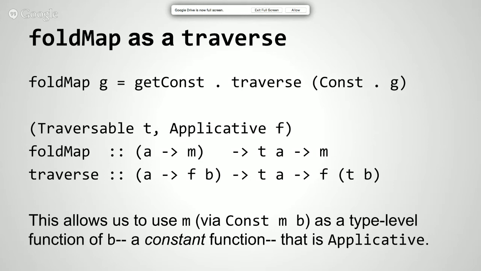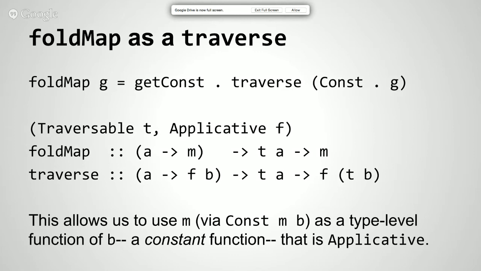This seems very dry, but it's extremely useful, because with Const and Identity, we can take forms like traverse that require some kind of wrapper, and make them apply when we don't have a wrapper too. That's how we say traverse is the general form, and foldMap and fmap are subcases of it.